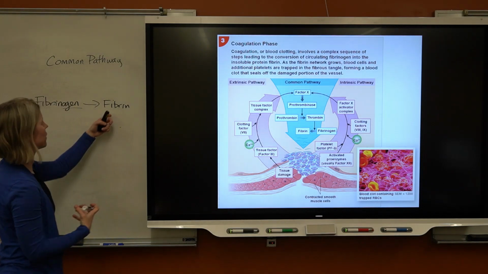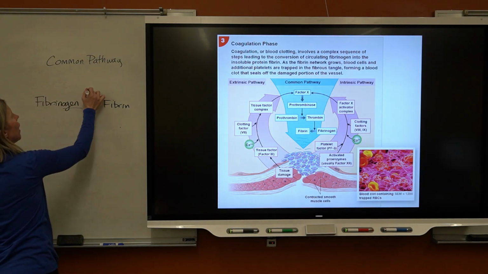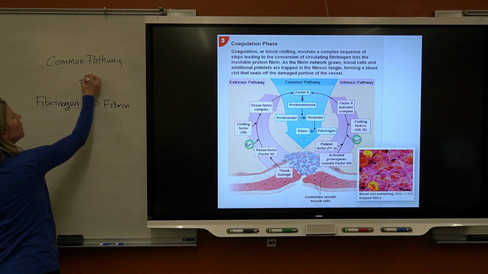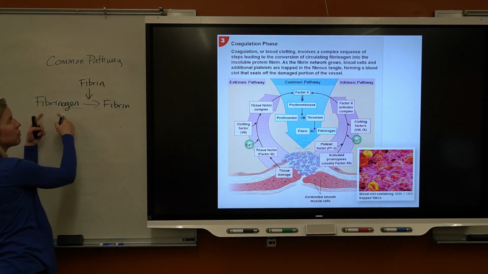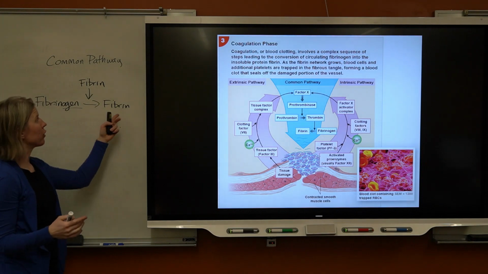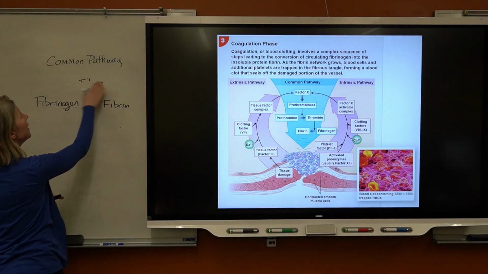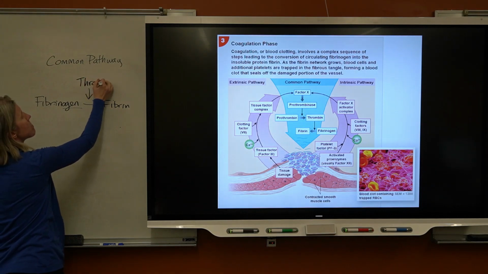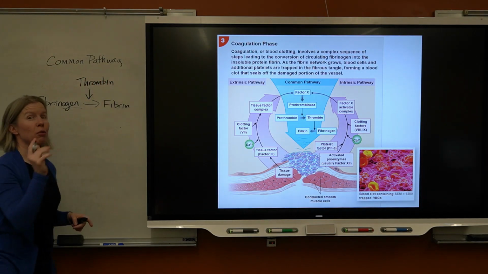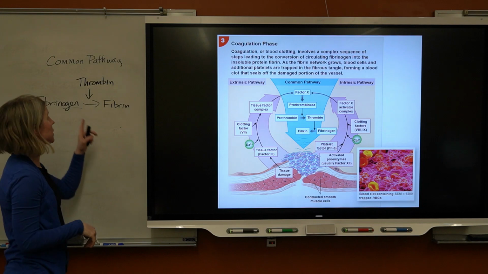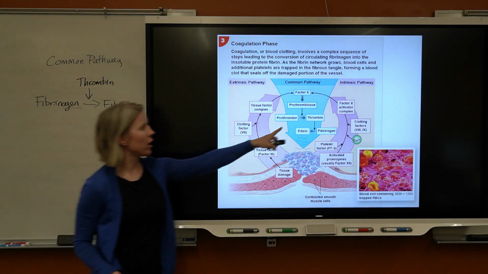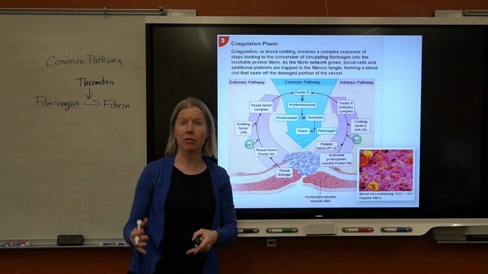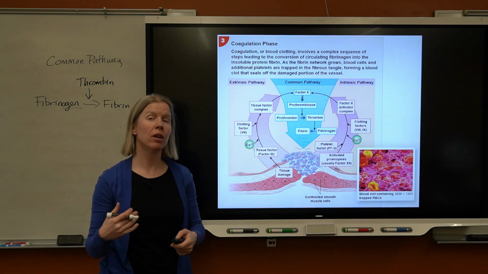To heal, to get this wound starting to heal. And the chemical that cleaves fibrinogen, converts it into fibrin, is a chemical called thrombin. So thrombin, right here, cleaves fibrinogen into fibrin, and now we have a true clot.